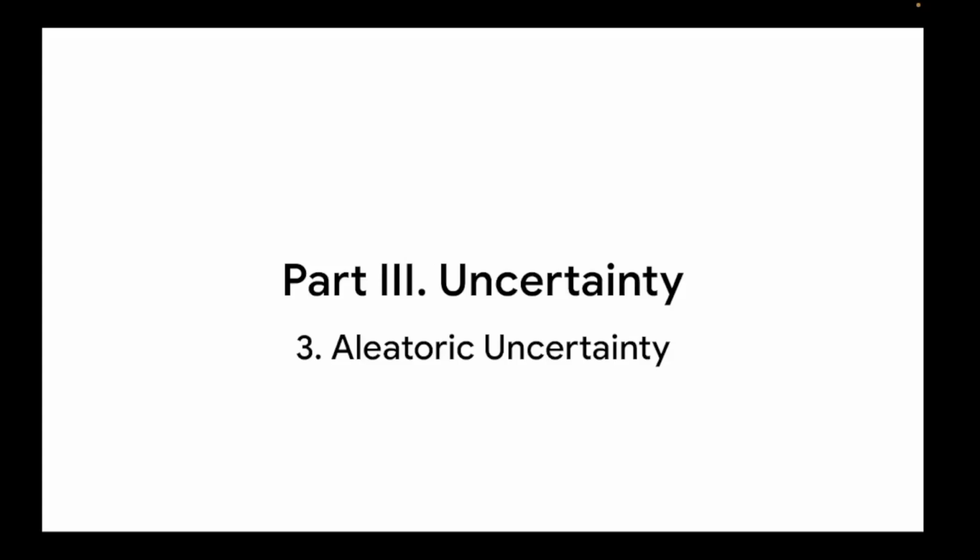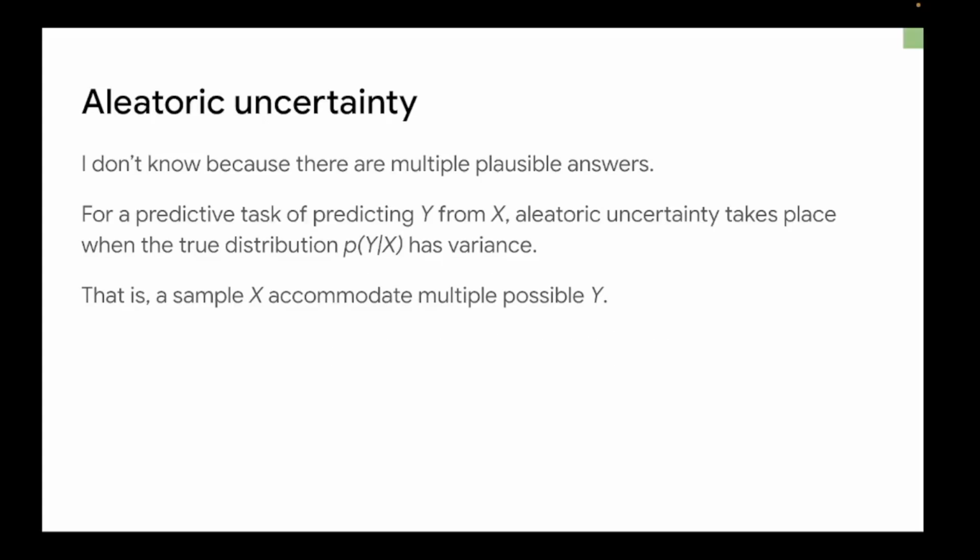Let's talk about aleatoric uncertainty today. Again, aleatoric uncertainty is the kind of uncertainty that arises because there are multiple plausible answers. For a predictive task of going from X to Y, if there are multiple possible Y given X, in other words, if P of Y given X has a variance, then there's an aleatoric uncertainty.